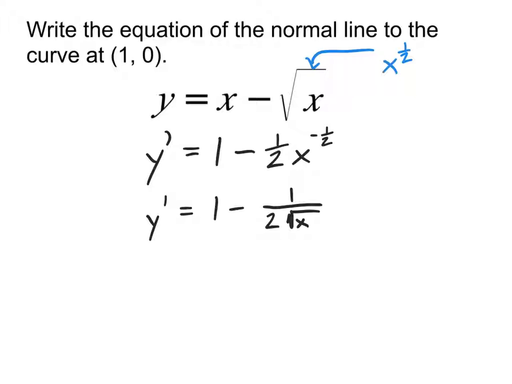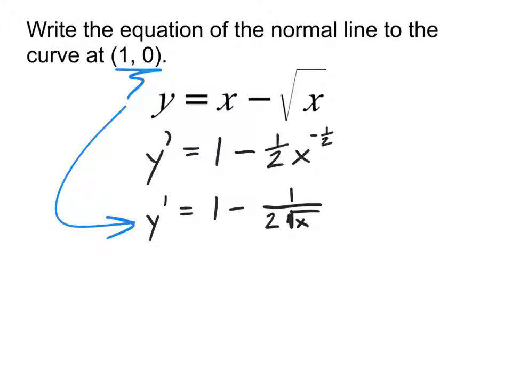All right, so next up, I need to figure out what the slope of the tangent line is at (1, 0). And you might be thinking, no, we need the normal line, but we actually need to start with the tangent line. So we're going to take the point (1, 0) and plug that into that equation.